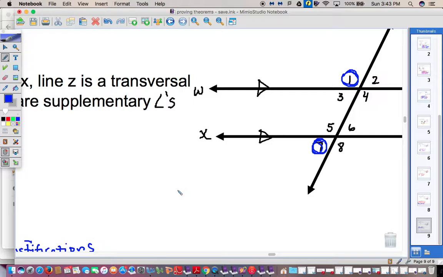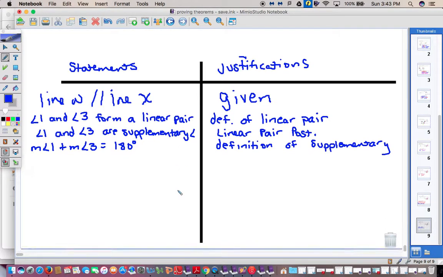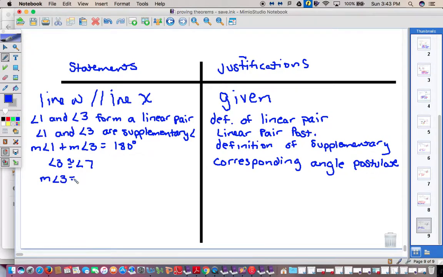So we can say angle 3 is congruent to angle 7, and that's by the corresponding angles postulate. Okay. And by definition of congruency, we know that means that the measure of angle 3 equals the measure of angle 7. So that's by definition of congruency.